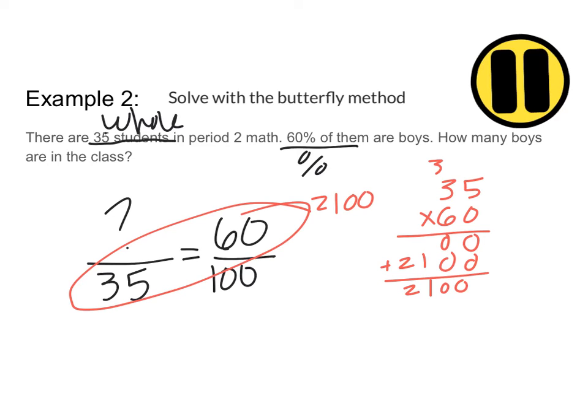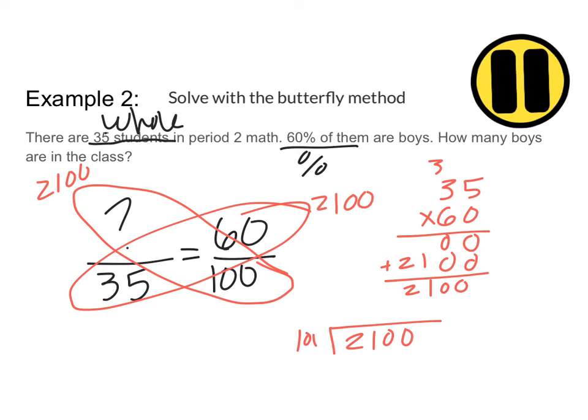Which means that 100 times something must also give me 2,100, which means that 2,100 divided by 100 would give me my missing number. I don't even need to do the long division to know that that's going to give me 21, because I can just think about moving that decimal place 2 spots. So that means that there are 21 boys in the class.